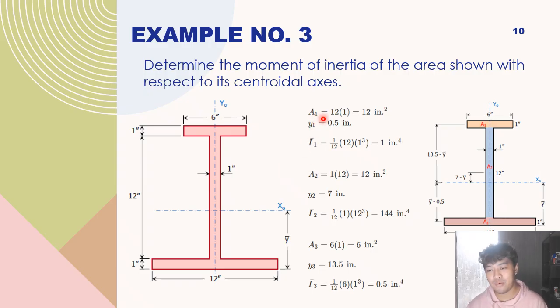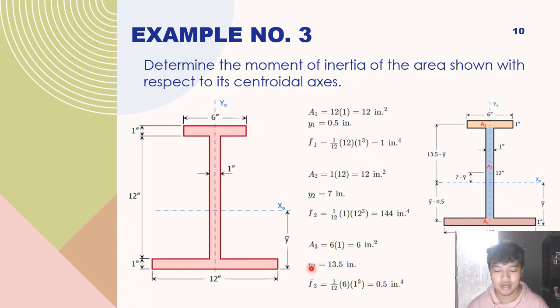So first we have A1. Since this is A1, the width is 12 inches and the thickness or the height is 1 inch. So the area of the bottom flange is 12 times 1, equal to 12 square inches. And then the distance from the bottom of the flange.